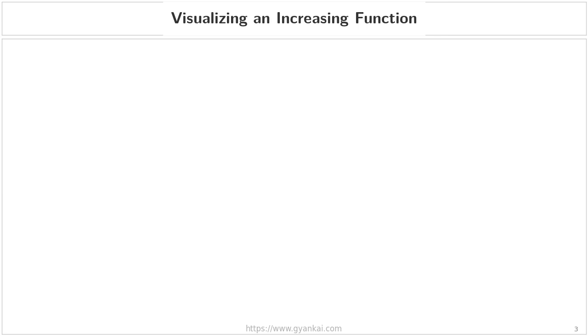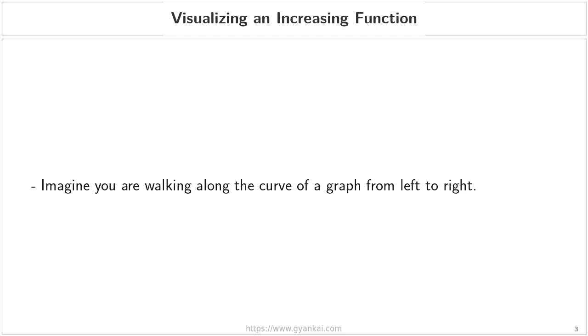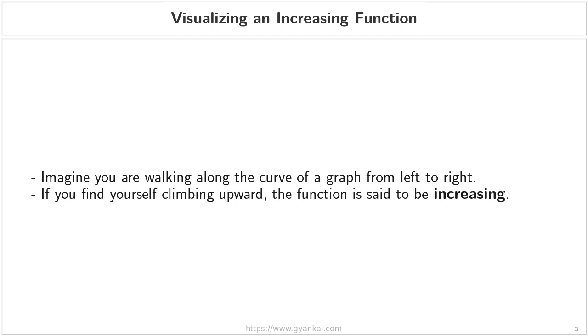Visualizing an increasing function. Now that we have established the fundamental rule of reading graphs from left to right, let us apply that logic to understand what an increasing function looks like. First, I want you to imagine that you are physically walking along the curve of a graph, starting from the left side and moving toward the right. As you move, pay attention to your elevation. If you find yourself climbing upward, as if you are walking up a hill, the function is said to be increasing.